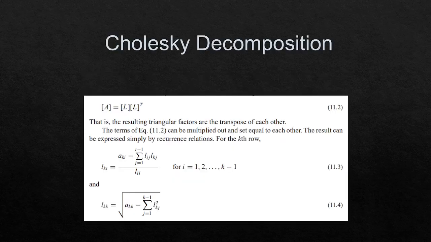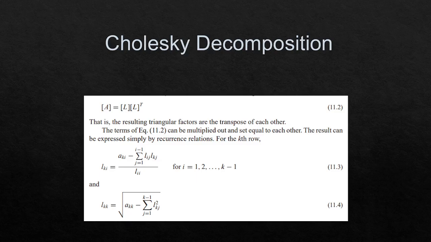Then Cholesky decomposition. I don't know how to say this, so sorry if I don't say it properly. For Cholesky, I'm not really a fan of this one, but the resulting triangular factors are transposes of each other. So equation 11.2 can be multiplied out and set equal to each other.